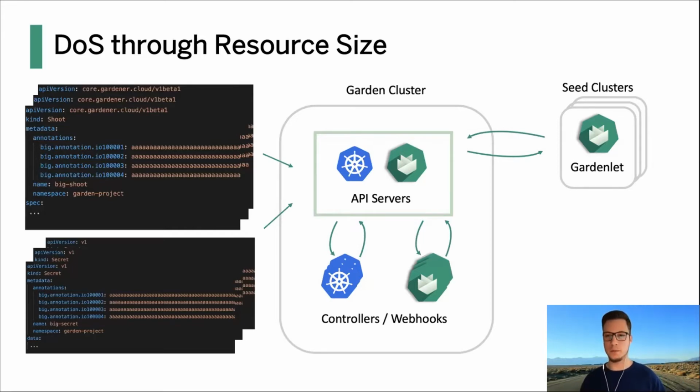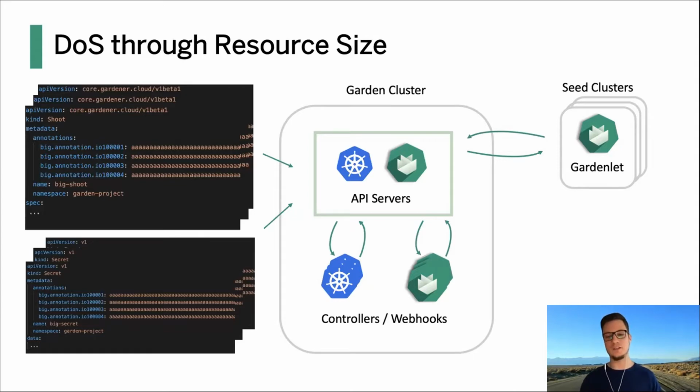So what's the problem with all of that? Let's imagine you have prepared a few of these big resources and you apply not only one, but a bunch of them. As I said, in the garden cluster as well as in the seed cluster, we have controllers and webhooks loading these resources into their local memory.